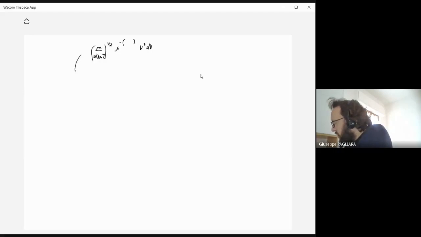Now let me see the dimension of this quantity. n has dimension 1 over length cubed. Then I have v cubed dv, which should be length to the power of 4 divided by time to the power of 4, because it is a velocity. And now let me take the nasty part, which is this one. I have kbt. Remember that kbt m has the dimension of momentum squared.